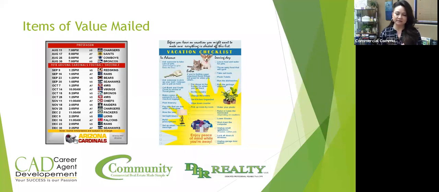Maybe they'll add a magnet and put it on their refrigerator, but it has your contact information. And it's just another additional piece of the pie that keeps you a little bit more at the forefront of their mind, okay?